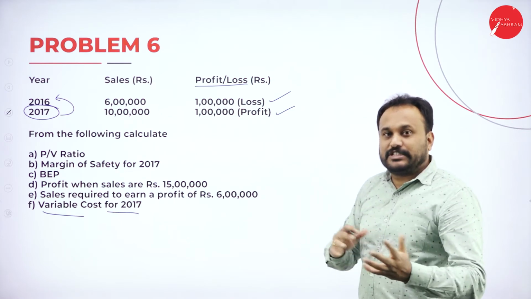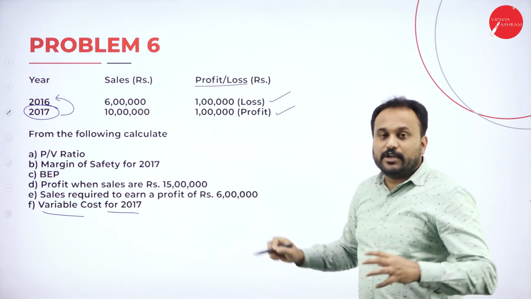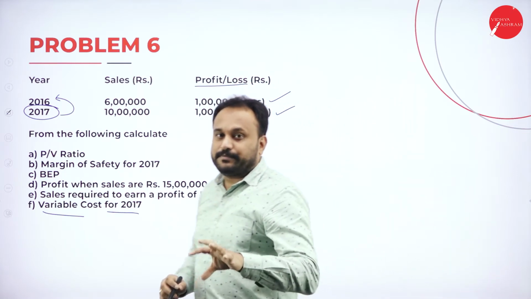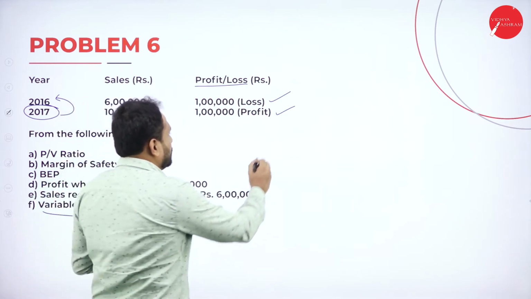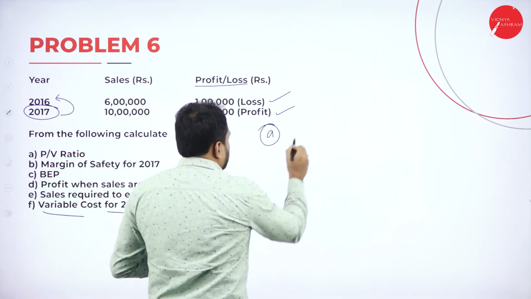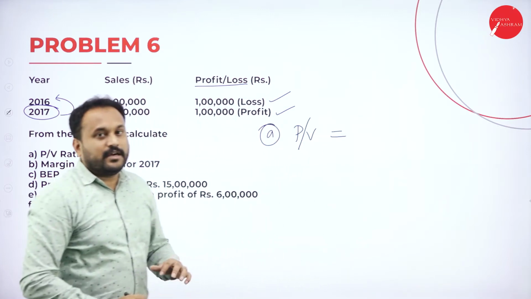So we are supposed to start with the answer, but here when we calculate PV ratio, you should be very careful, right? So I'll show you here itself how PV ratio will be calculated. So the first one is A. We'll write PV is equal to, now what is the PV formula?